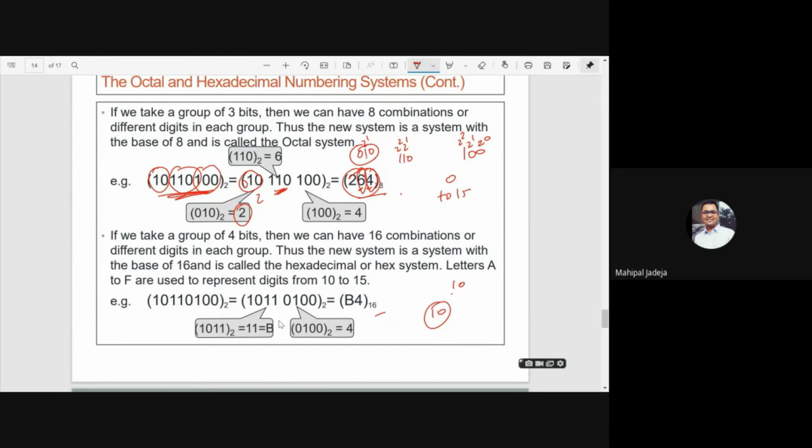I can consider this 10 as ten also, or I can consider this 10 as a sequence of 1 and then 0 also, right? So we don't know. If I write down 10 in base 16, then we don't know whether it's a single number or a combination of two numbers, because these digits are already allowed: 0, 1, 2, 3, 4, 5, 6, up to let's say 9, then 10, then 11, then 12, right? So similarly, whenever I write down 11, then I don't know whether it's 1 after 1 or it's 11.